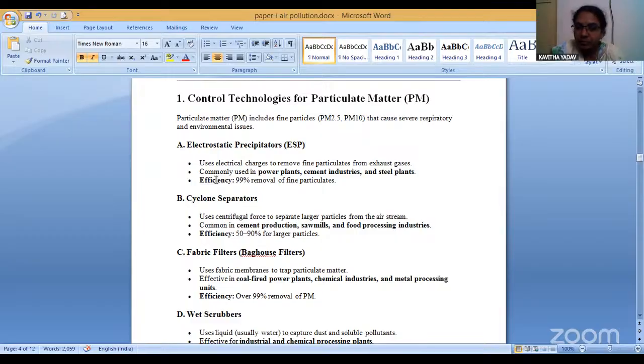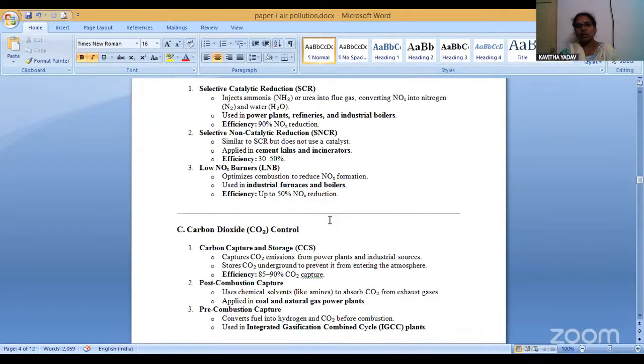The upper part is charged and the lower part is charged, to remove the fine and small particulates from the gas. These are the gases commonly produced from power plants, cement industries and steel plants. Can you remember that one here?